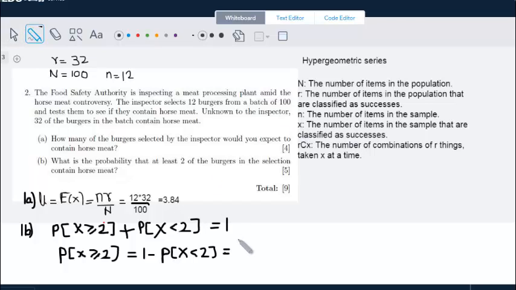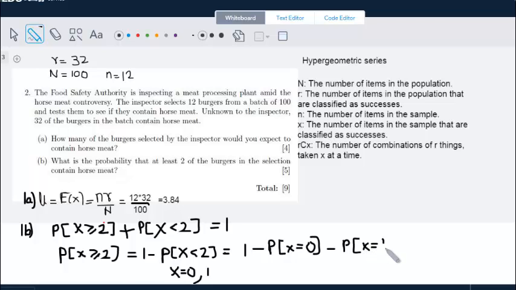If x is less than 2, since x is an integer, x can be either 0 or 1, it cannot be 2. So we can write this as probability x is equal to 0, this is the whole negative sign over here, minus probability x is equal to 1.